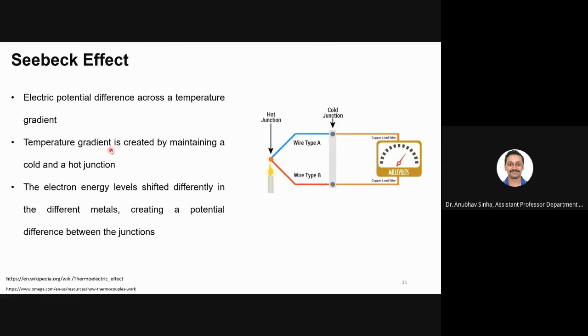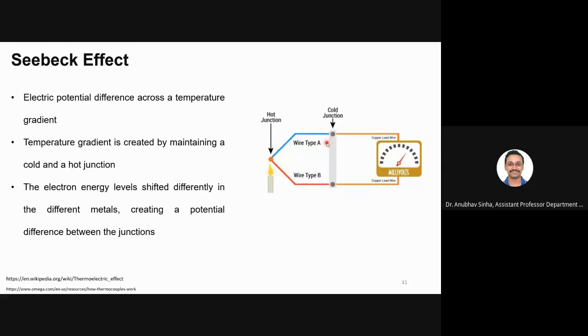Now, what is a gradient? You have some temperature here, let us say 100 degrees Celsius, and some low temperature here, let's say 0 degrees or room temperature. The temperature inside the wire varies continuously from here to here. At any point of the wire you will see some dT/dx, where dx is along the length.